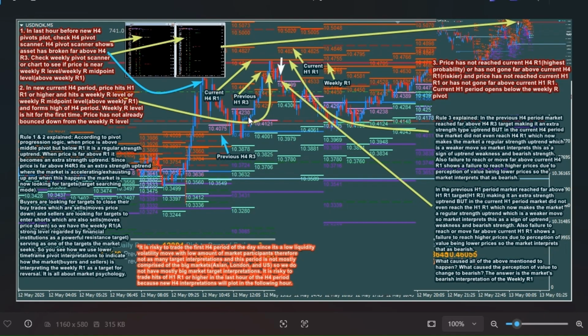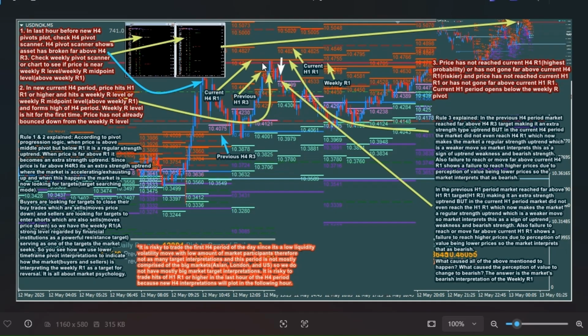And we see in the new current H4 period, price moves up and hits the H1 R1 and hits the H1 R3 and even goes further above the H1 R3, okay? So in this case, price moved higher and hit the H1 R3, okay?